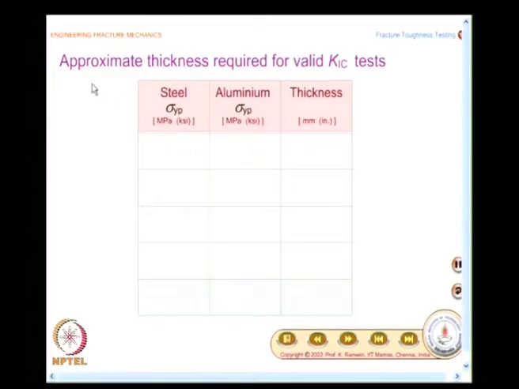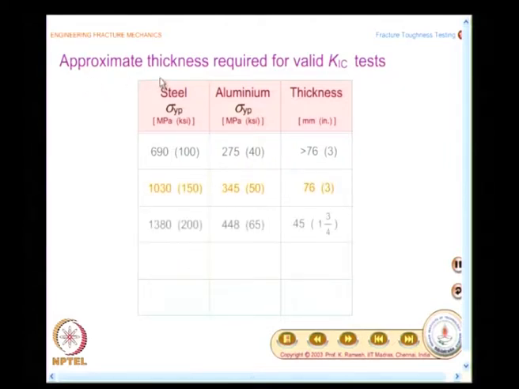And you also have a very interesting table which gives an idea about the thicknesses required for valid K1C tests for steel and aluminum. I would like you to write for 3 different values.